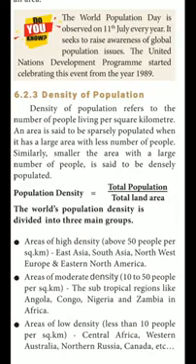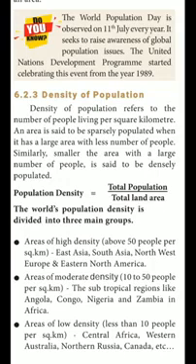So the world's population density is divided into 3 main groups: high density, moderate density, low density. Okay. So areas of high density mean above 50 people per square kilometer.